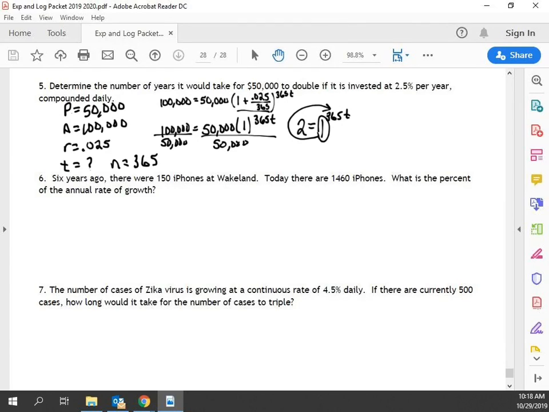You have to get rid of the exponential situation. So log base 1.000068493 of 2 is equal to 365t. And what do we do now to get t all by itself?